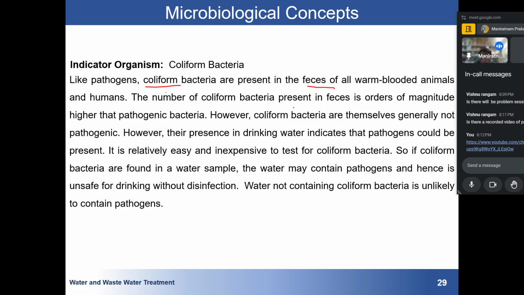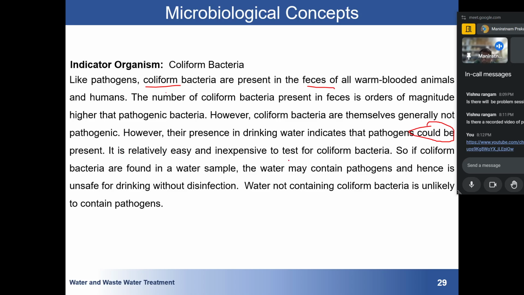The number of coliform bacteria present in the feces is orders of magnitude higher than the pathogenic bacteria. However, the coliform bacteria are themselves generally not pathogenic. Remember, these are not pathogenic. However, their presence in drinking water indicates that pathogens could be present. Remember, could be present. It is not for sure, but a method has been developed to say that if this is present, then pathogens are also present.